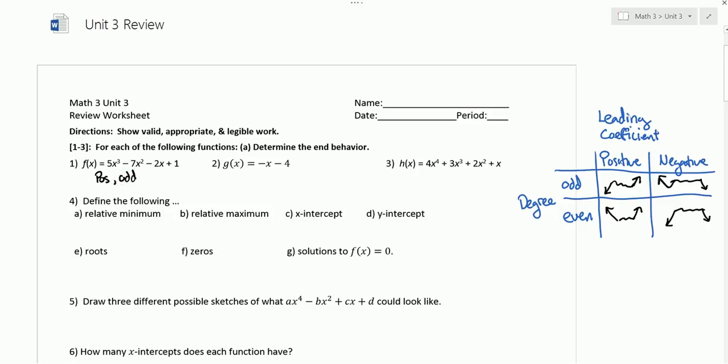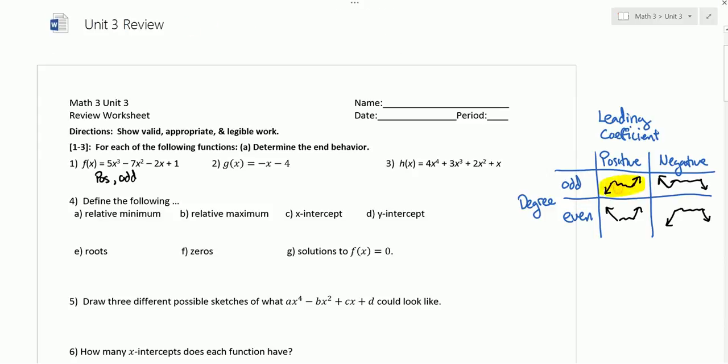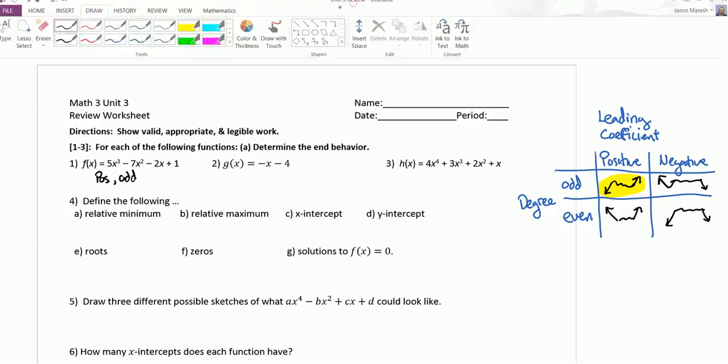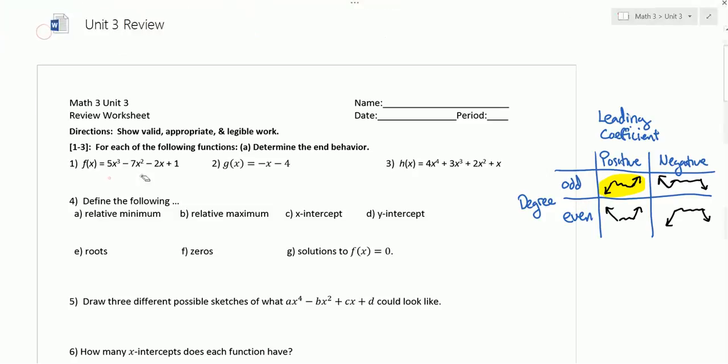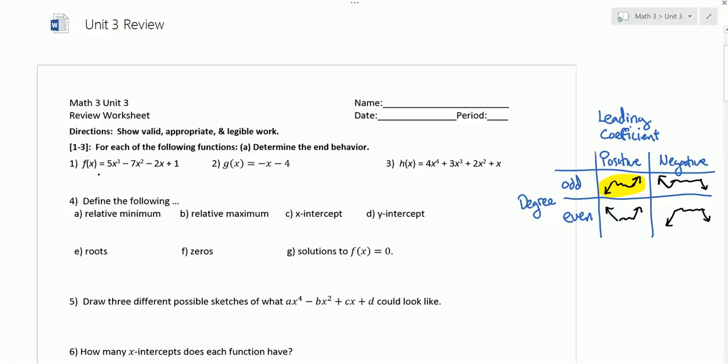So the end behavior is what I highlighted. Left side pointed down, right side pointed up. And we have no idea what's happening in the middle yet.